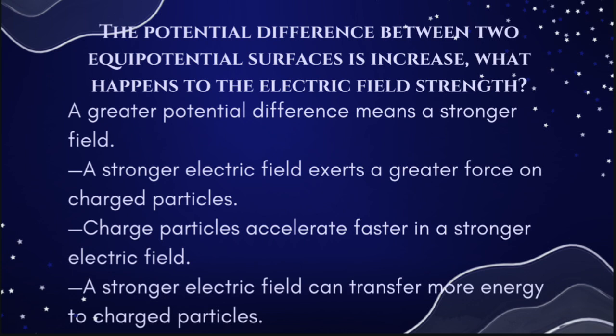A stronger electric field can lead to an increased current in a conductor. A stronger electric field can also produce more powerful effects, such as greater electromagnetic induction or more intense electromagnetic waves. So, in a nutshell, a greater potential difference leading to a stronger field means that the electric field has more energy and exerts more force.